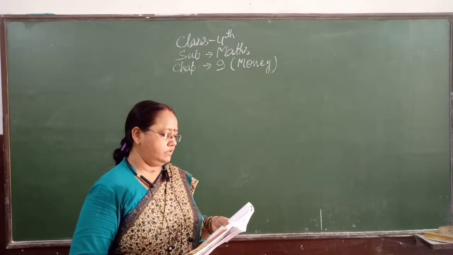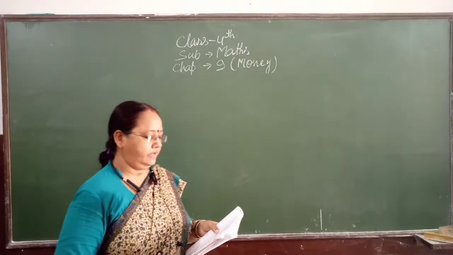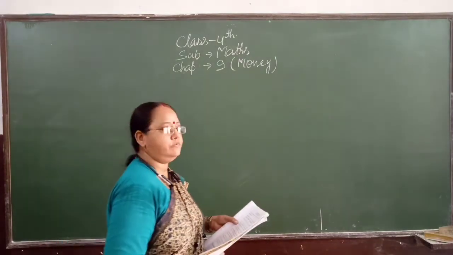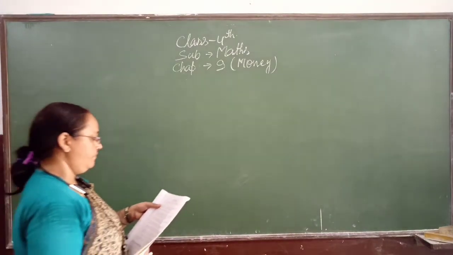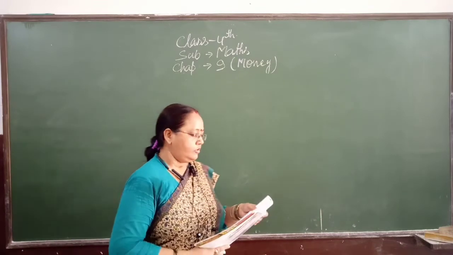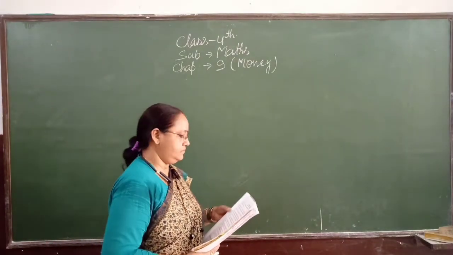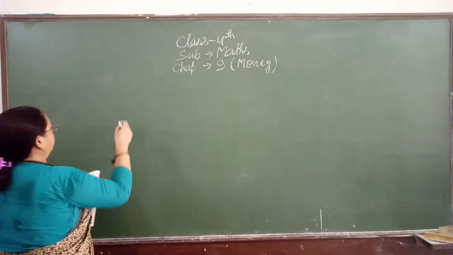Question number 1 says, the cost of one box of sweets is rupees 515. What will be the cost of 3 such boxes of sweets? We have to multiply here because cost of one box is given and we have to find out the cost of 3 boxes. So at first we have to write down the statement.